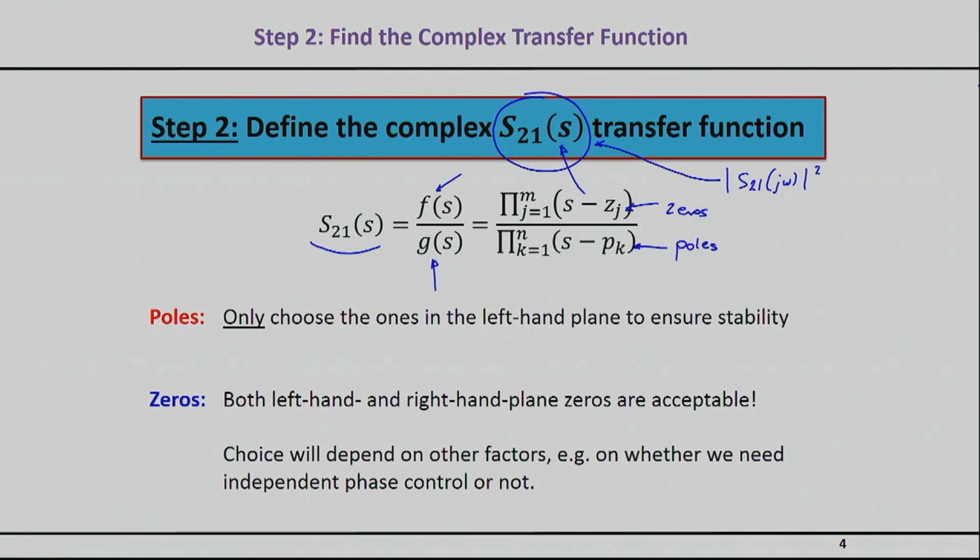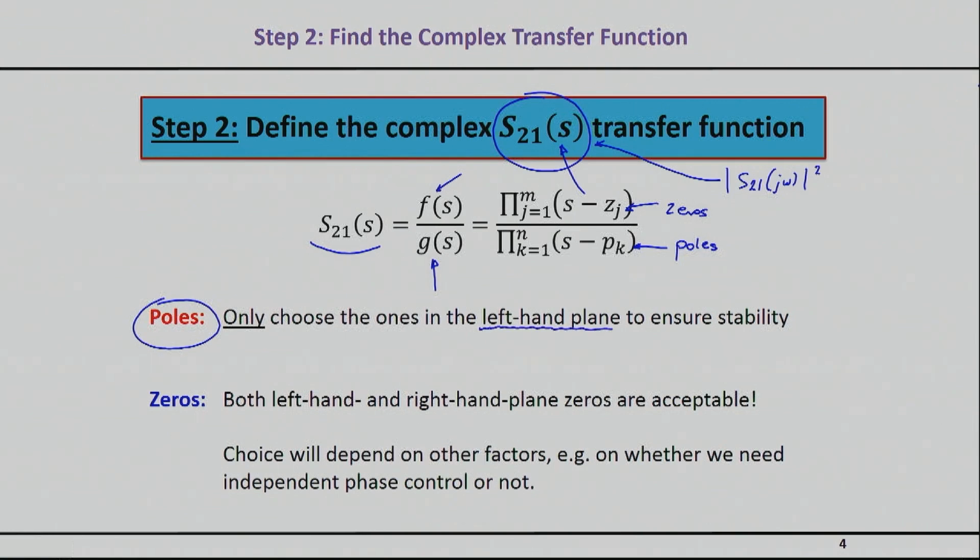Now, it turns out, and again, this is something we're going to skip in this class, that these are Hurwitz polynomials, which means that the poles of the S21 function must lie on the left-hand plane. One of the things we do know is that if you're going to realize a stable system, you must choose the poles to be only on the left-hand plane.